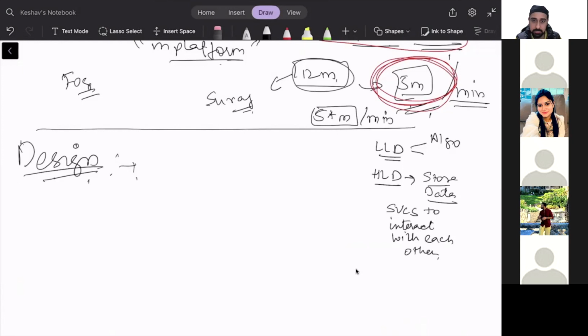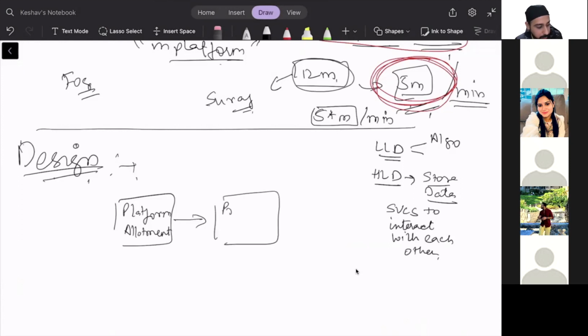So there needs to be some kind of service, for example a platform allotment service, and that will talk to other services like the priority service, scheduling service. Maybe it talks to the priority schedule service.